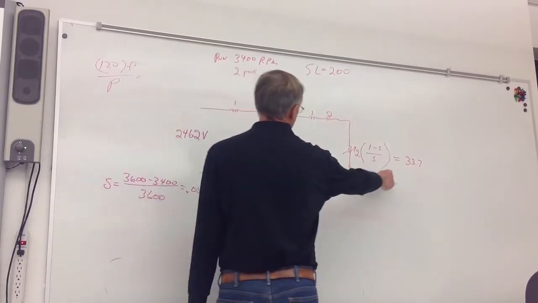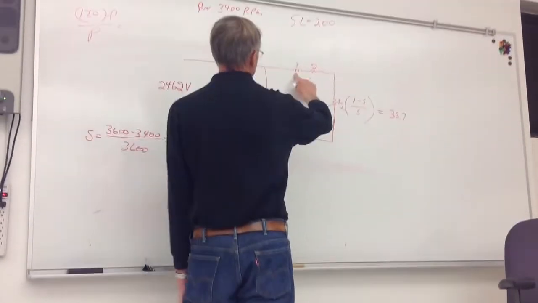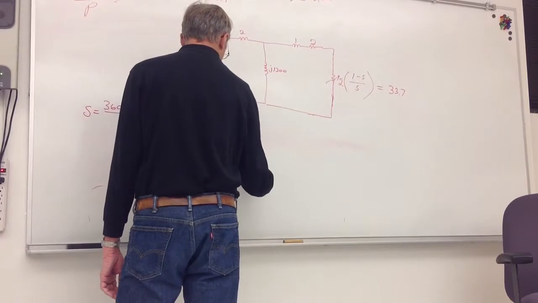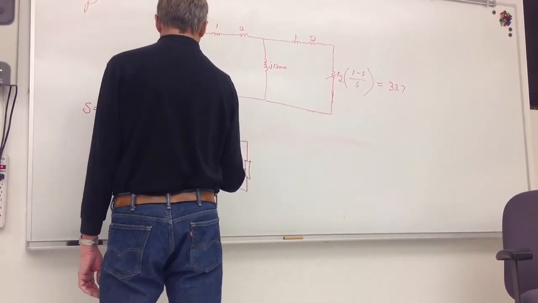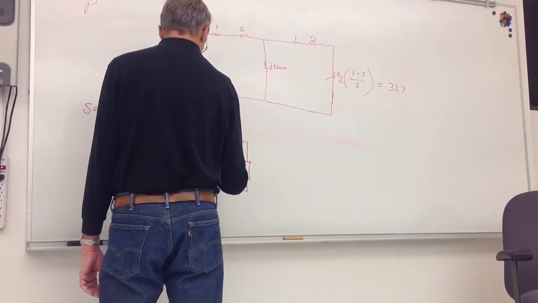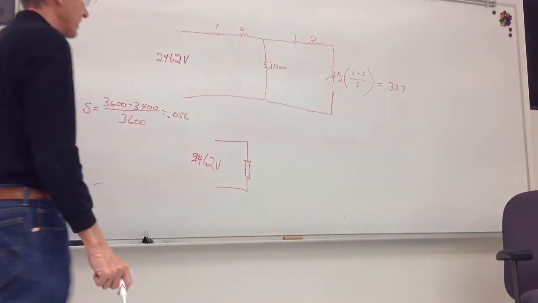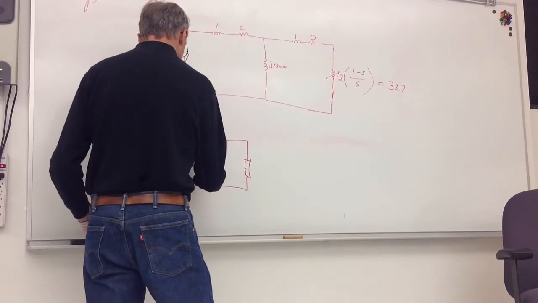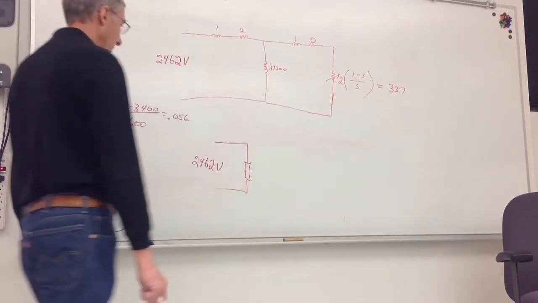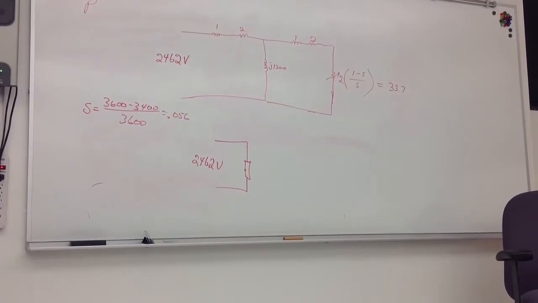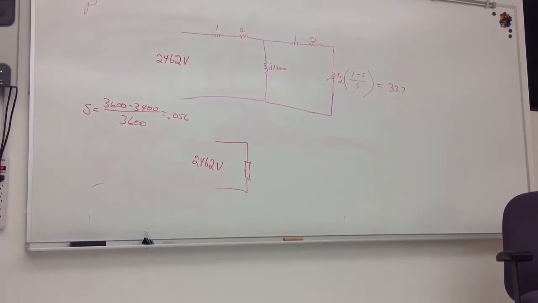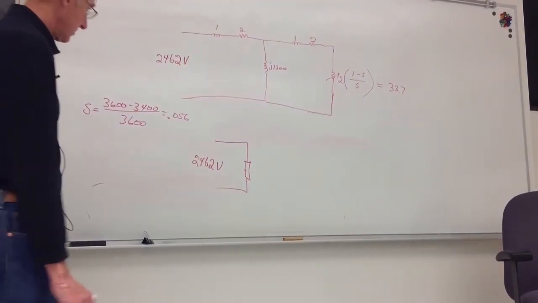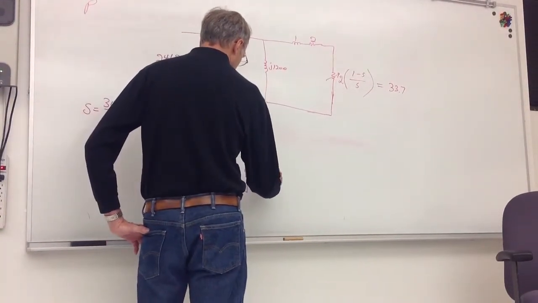So if I take 33.7, add 2 plus J1, put that in parallel with this, and add that to it, what do I get for the equivalent impedance? .7 angle 4.65.